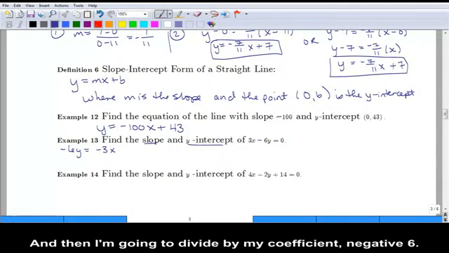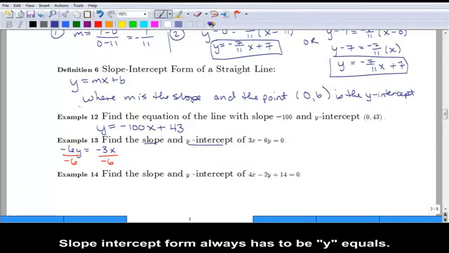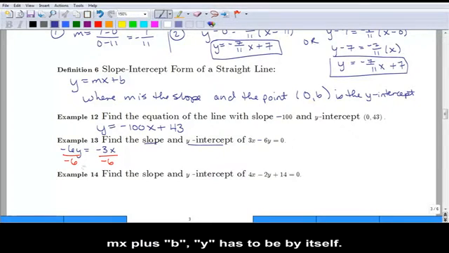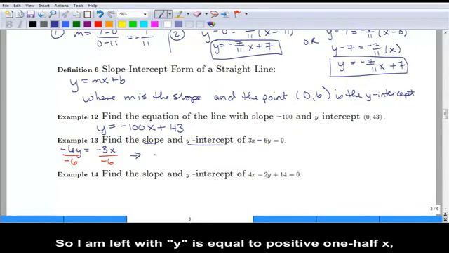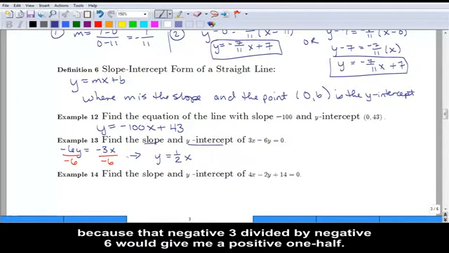And then I'm going to divide by my coefficient, negative 6. Slope-intercept form always has to be y equals mx plus b. y has to be by itself. So I am left with y is equal to positive 1/2 x. So that negative 3 divided by negative 6 would give me a positive 1/2.